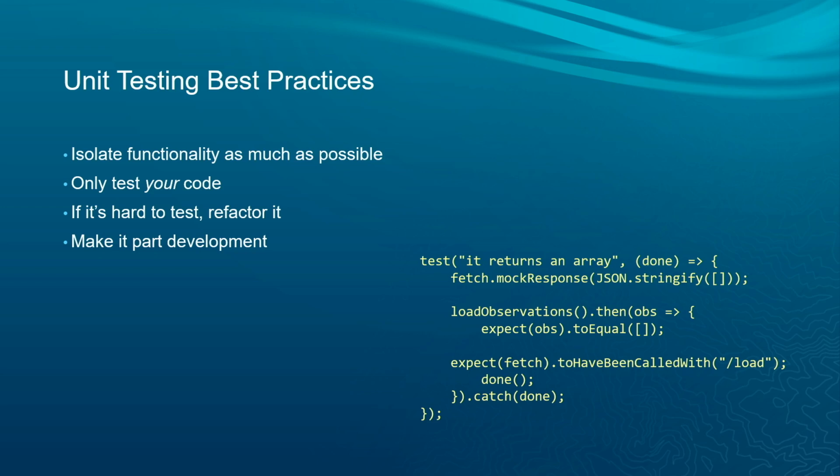Something to also keep in mind during this part of testing is if you're finding it hard to test some of your functionality, that's usually a sign that that code's going to become hard to maintain going down the road. So if it's hard to test, refactor it. Believe it or not, as part of the demonstration program I'm going to show you later, if you look at the GitHub code, you'll see I myself did this.